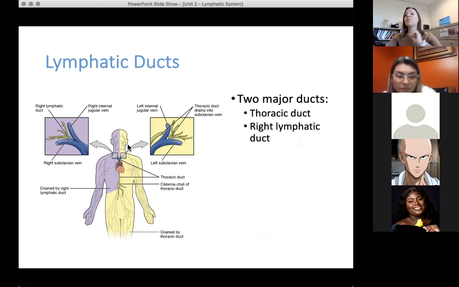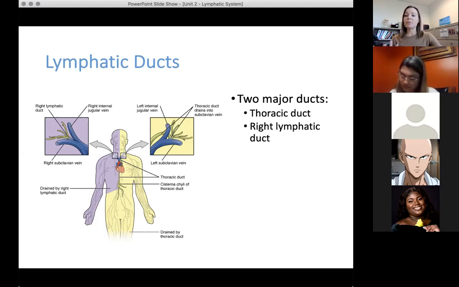So it's receiving lymph from the upper left quadrant, the upper left portion of the body, and all regions below the diaphragm. So all of the areas shown in yellow, the lymph that's coming from all of these areas is going to end up in the thoracic duct.